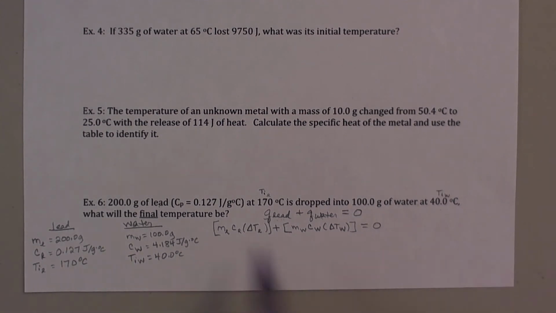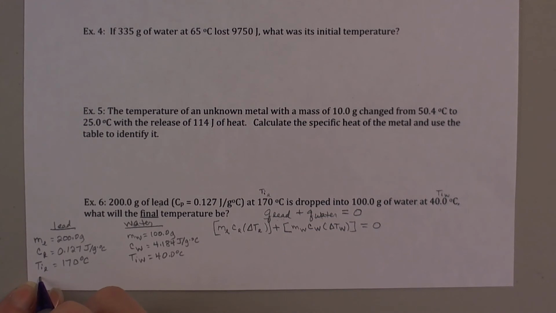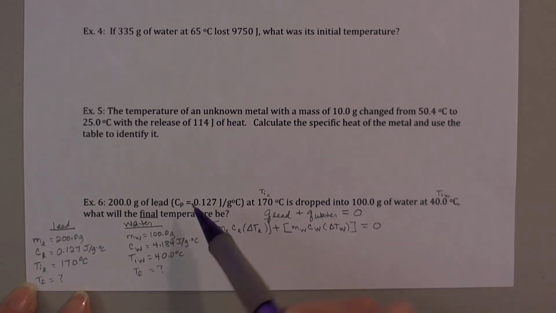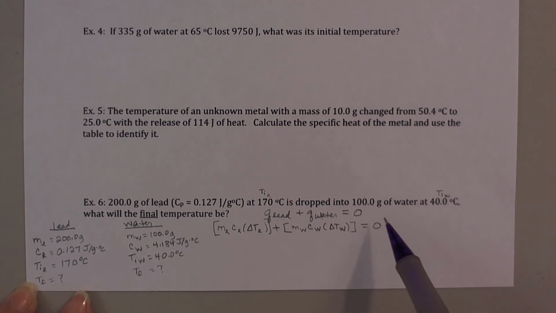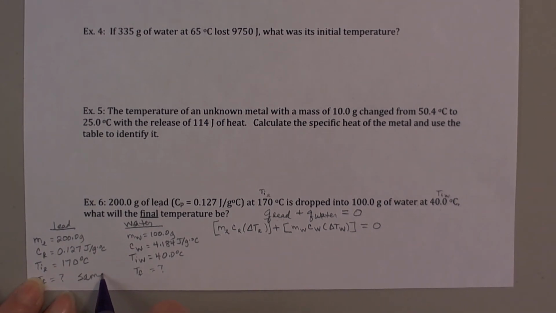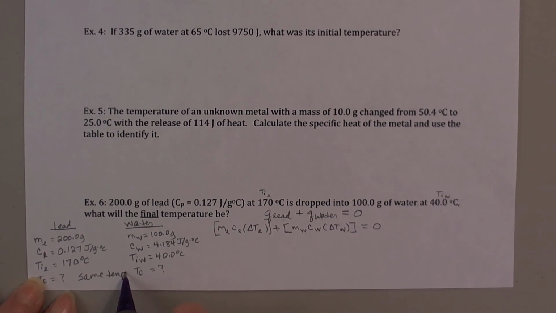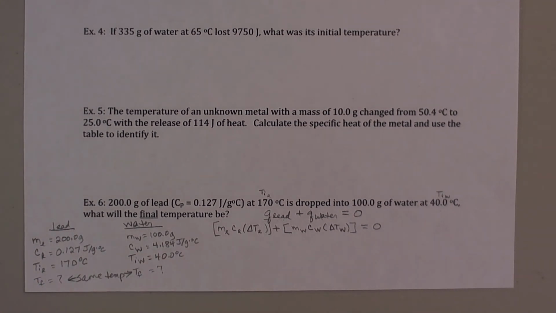Now it's asking you, what will their final temperature be? So the final temperature of the lead and the final temperature of the water, what are they? Well, the beautiful thing is when you drop the hot lead into the cold water, after time they're going to come to the same temperature. So these T finals are the same.